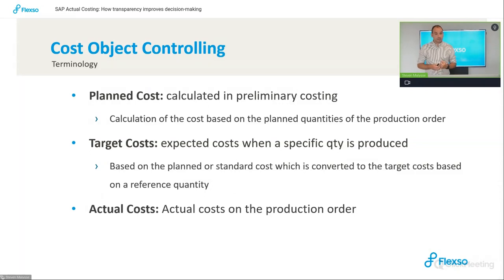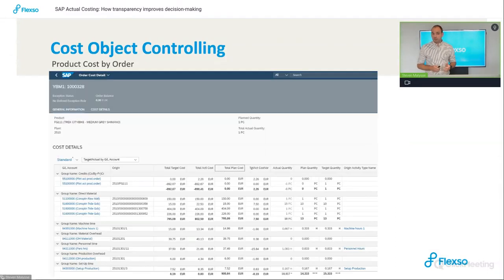So that will be our target costs. And the system will now show us a difference between actual costs and target costs, actual costs and planned costs. And this is where it gets interesting. Because in this way, you can really analyze what my differences are, and again, support a make or buy decision.